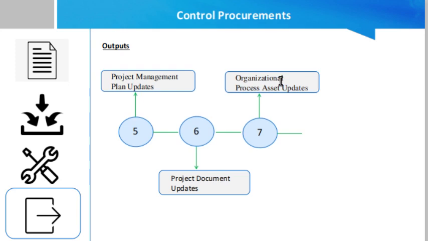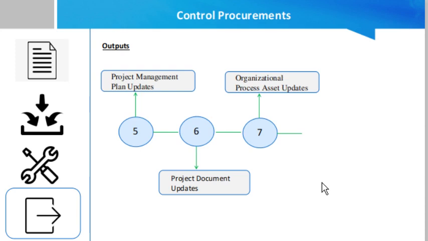The lessons learned will be updated here, the estimates will be updated here. Why are we updating here? It is very important, because if in the future we do another project similar to that particular procurement, these assets will be very helpful for the new project. So that is called the concept of organizational process asset updates.